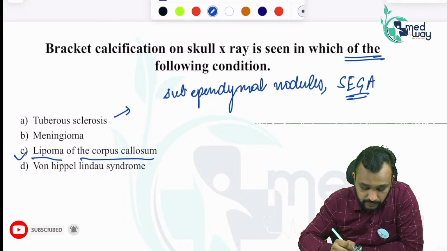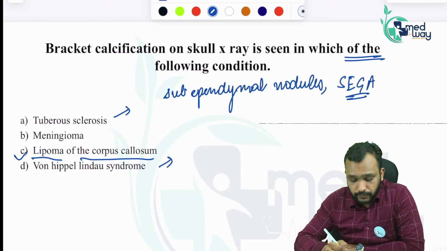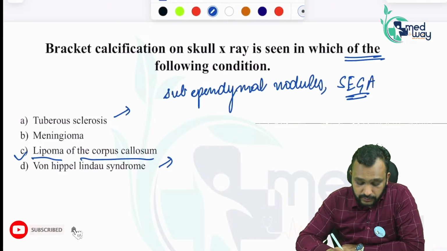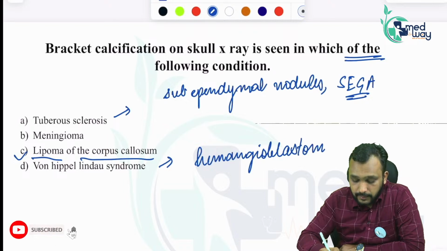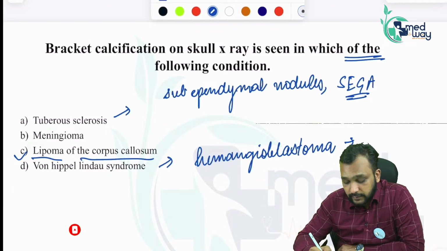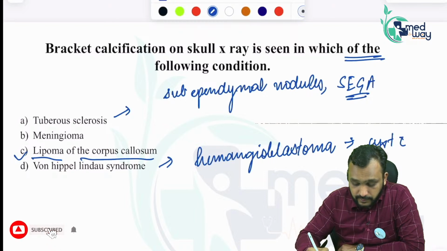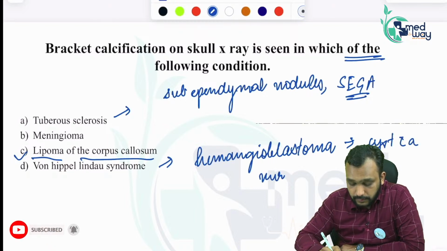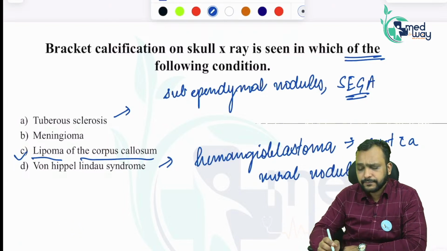If I talk about von Hippel-Lindau syndrome, within the brain you are going to see a hemangioblastoma, and this hemangioblastoma has a characteristic appearance known as cyst with a mural nodule. I am going to show this appearance, right.